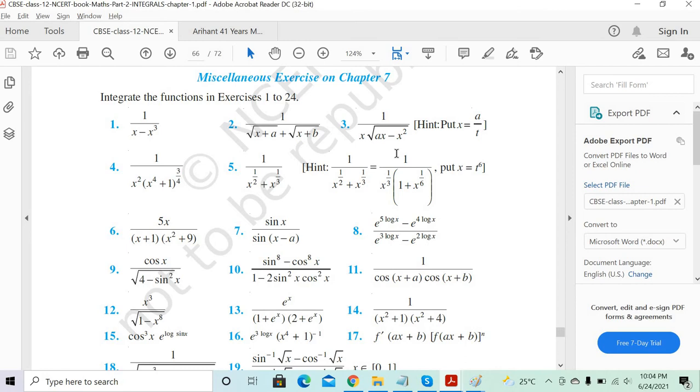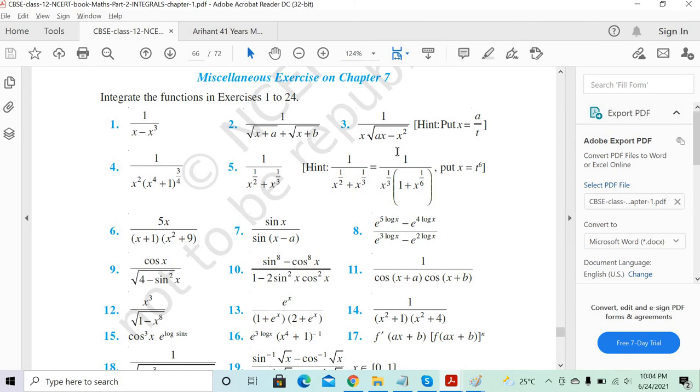Simple. Now, let's understand this part, okay? You have 1 by x minus x square given to you. And 1 by x is the denominator x part. Now what we need to do here is ax minus x square. So if you take the x square common out of it, okay?